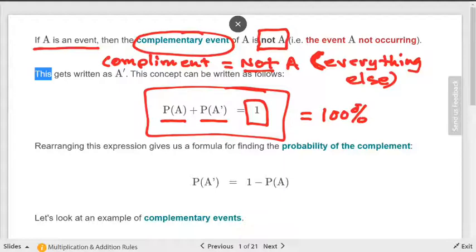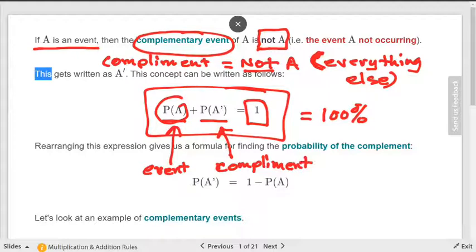And that's the notation for complement. So, this is the event. This is the notation for the complement. Okay? And if you see the little apostrophe, A apostrophe is often read as A prime.